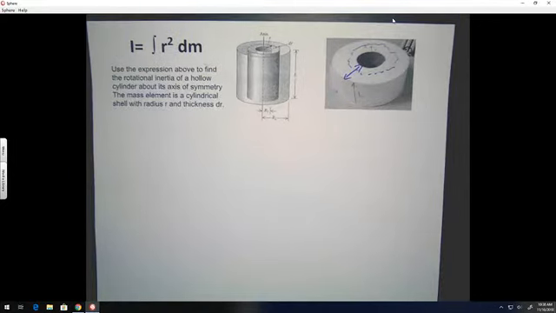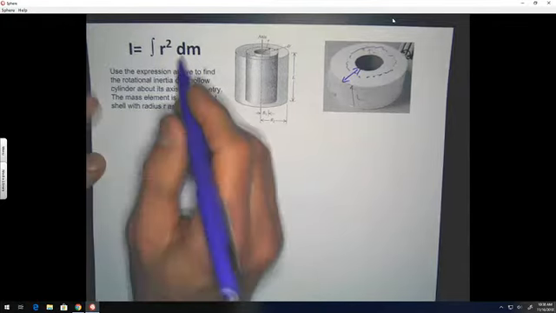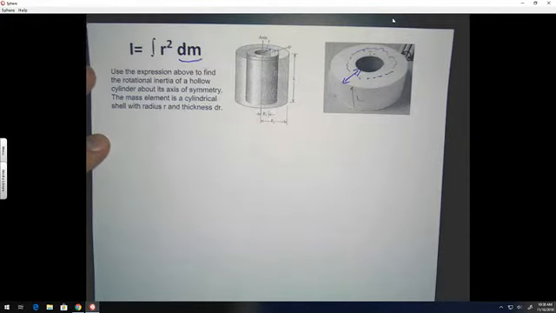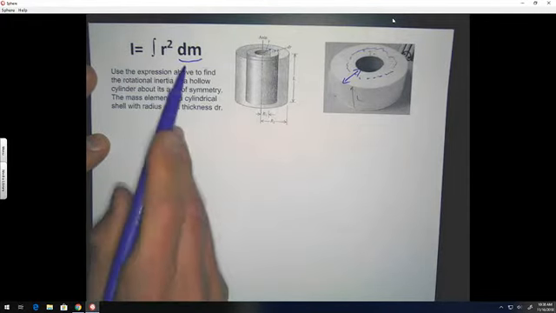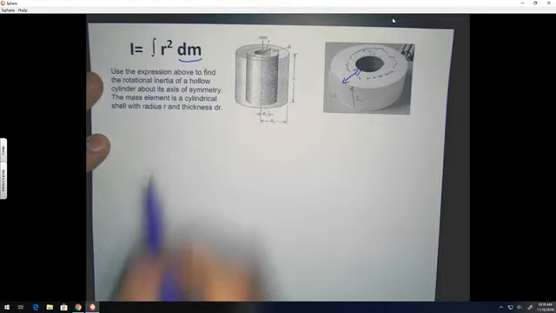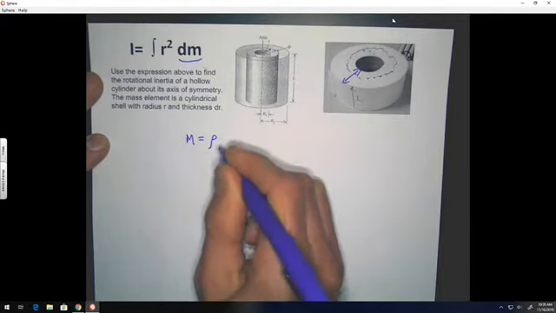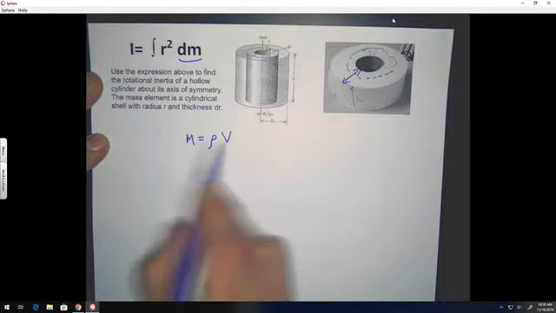All right, so let's start off by seeing how we can simplify this dm, because again, the integral cannot really be solved in this form, so we're going to have to substitute and get rid of that dm. So I'm going to remind myself that mass is equal to density times volume.